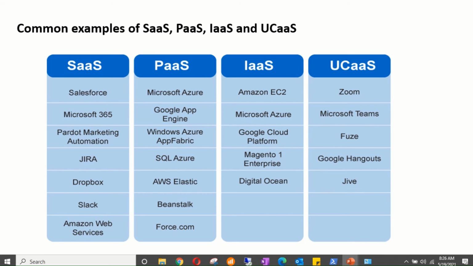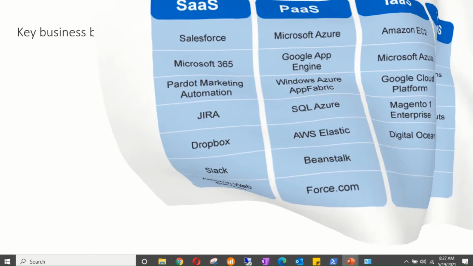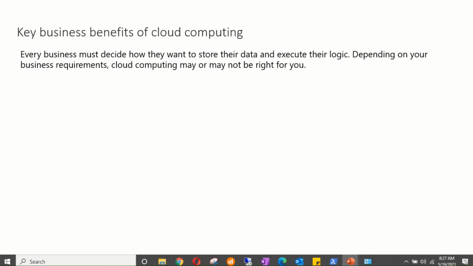For infrastructure as a service, you have Amazon EC2, Microsoft Azure, Google Cloud Platform, Magento, One Enterprise, DigitalOcean. And for unified communication as a service, we have Zoom, Microsoft Teams, Fuse, Google Hangouts, Google Meet, Jive, and other webinar applications.